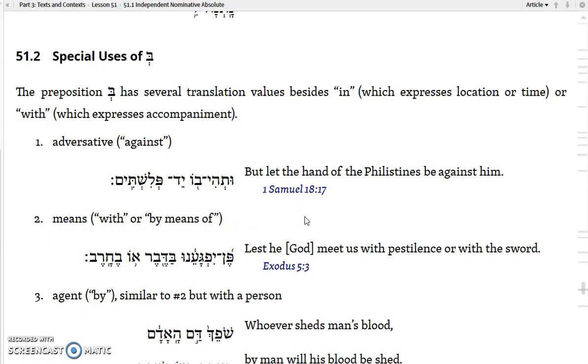Preposition bet also represents means. Can also be translated with, but not with in the sense of accompanying, but with in the sense of by means of.